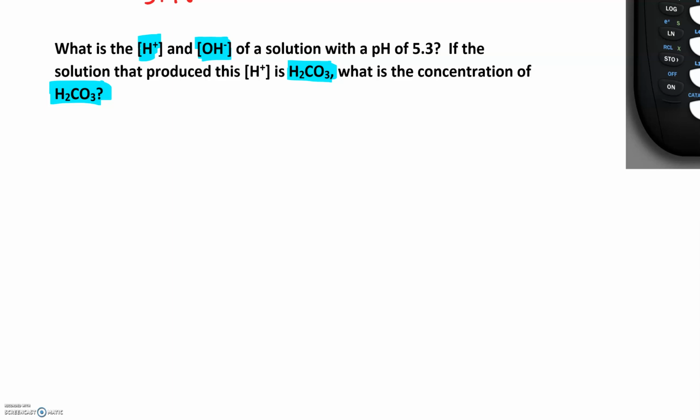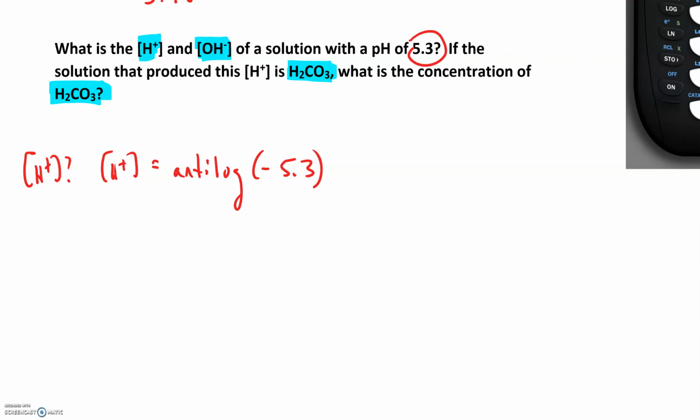So let's do all 3 of these. First off, what's the H plus? We know that H plus is equal to anti-log of negative pH. In this case, our pH is 5.3.